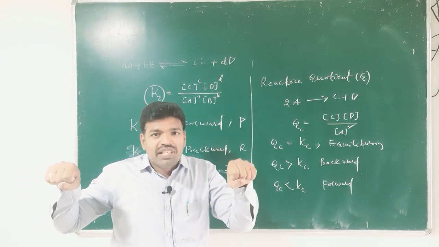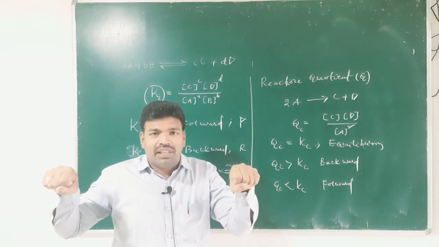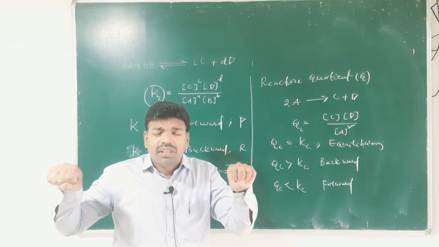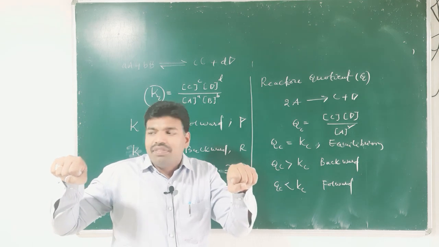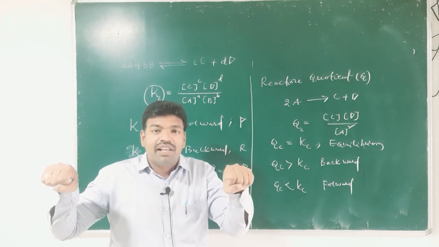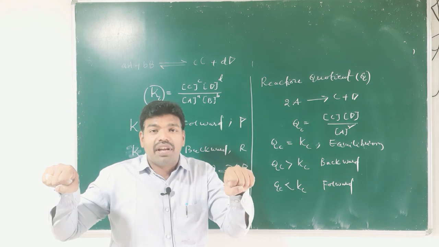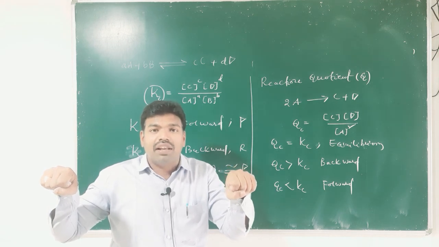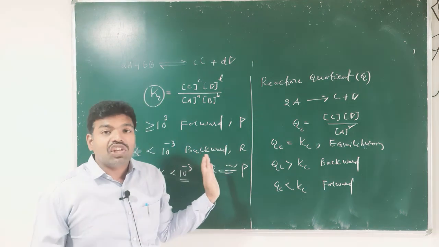When these forces become equal, there exists an equilibrium between these two groups. In the same manner, if the rates of forward and backward reactions are equal, there exists an equilibrium. That is, at equilibrium, the rate of forward reaction and backward reaction are equal, right?